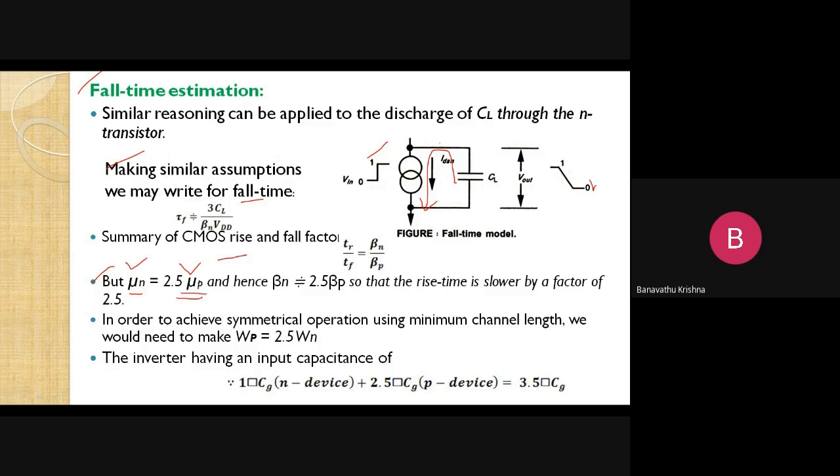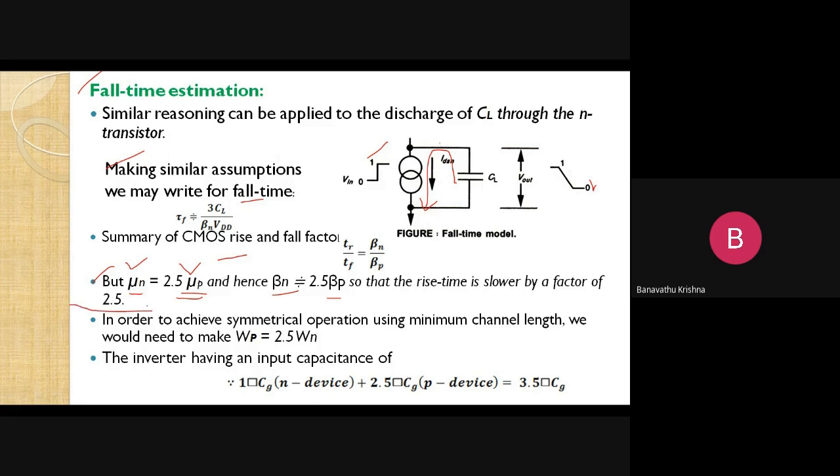The only way available is to increase the width of the p channel, right? And hence beta n, geometrically, equals 2.5 into beta p, so that the rise time is slower by a factor of 2.5, right?